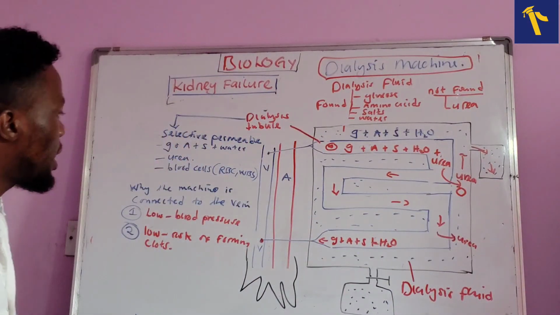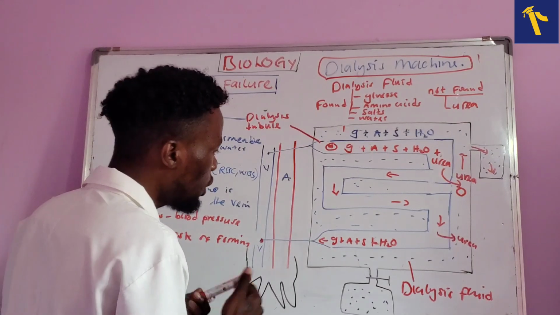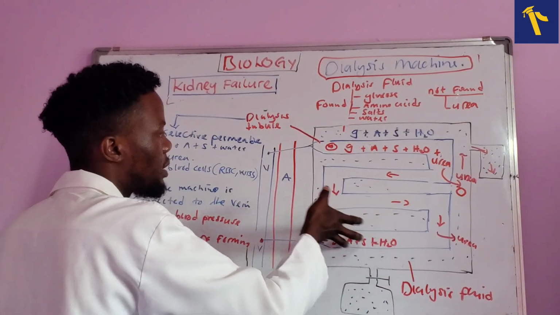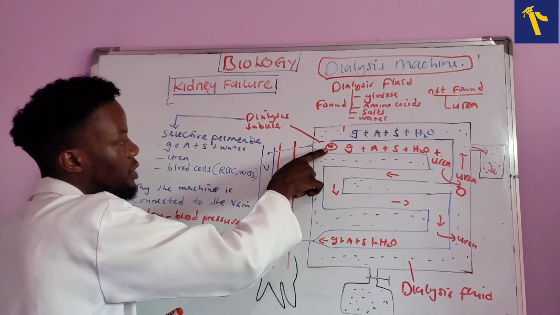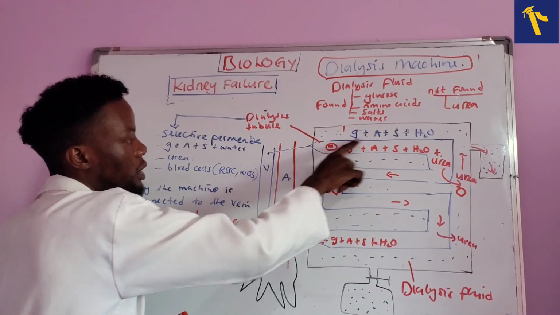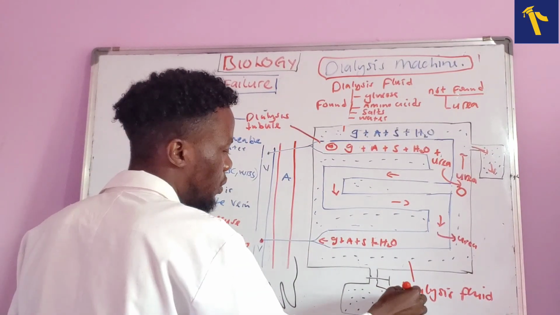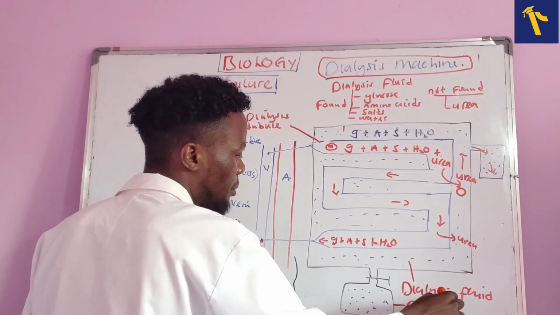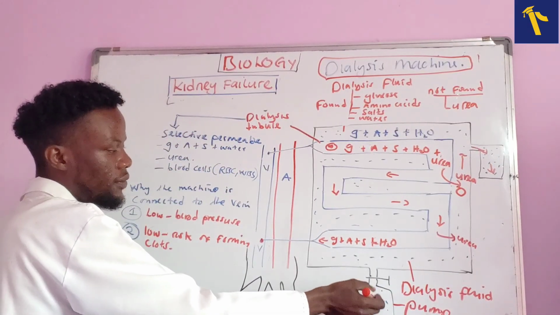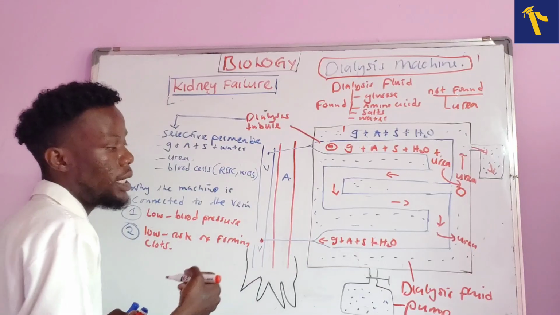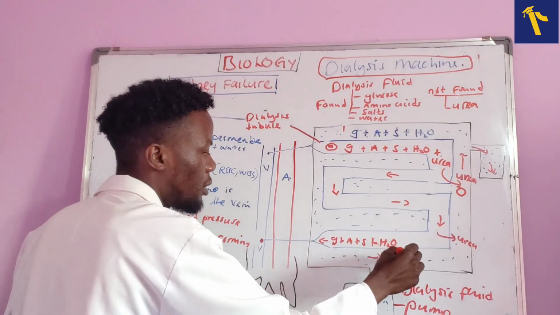Okay. And the last important thing that I need to talk about here is this one. If you look at the flow of the dialysis, the flow of this plasma within the dialysis tube, it is like this. And if you look at this pump, this is what we call the pump. They like asking questions about this. This pump is the one that is pumping this dialysis fluid into the dialysis machine like that, and the direction would be like this.